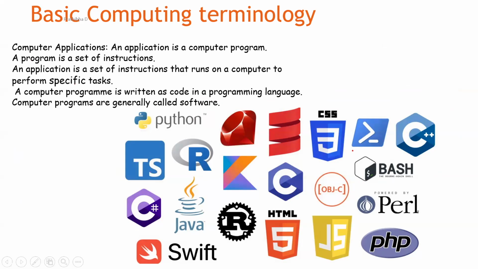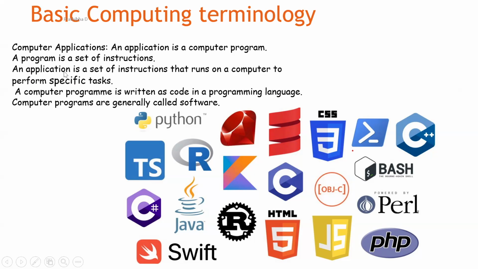A set of instructions. For example, I'm typing 1 plus 1 on my computer. It's a mathematical calculation, 1 plus 1 is equal to 2, and I'm getting a result. You're giving an instruction, which the computer takes, processes, and gives you the output on the monitor, which is an output device.